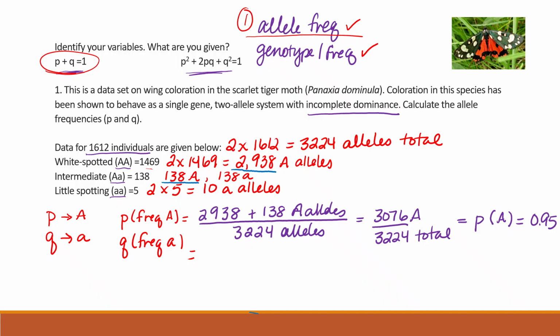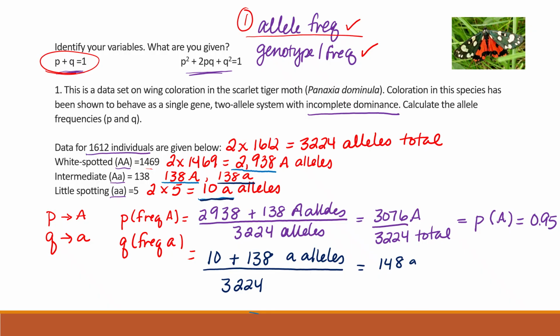This is going to be 10 little a alleles plus 138 little a alleles, divided by 3,224 total, which is going to be 148 little a alleles divided by our total alleles gives us Q, which is the frequency of little a, 0.05.